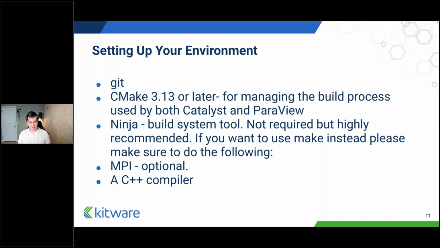It should work out of the box. As we are targeting high performance computing, of course, MPI is an option that we can explore. We won't be looking at our MPI options today, but that is an optional piece of your environment that you can set up. And of course, this is all going to be in C++ today. If you're interested in codes that are built on top of Fortran or Python, let us know.